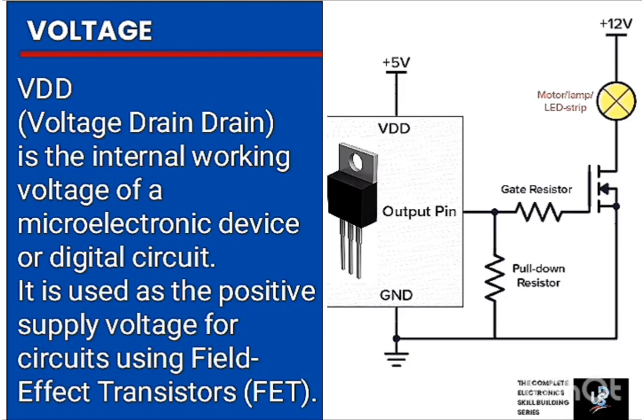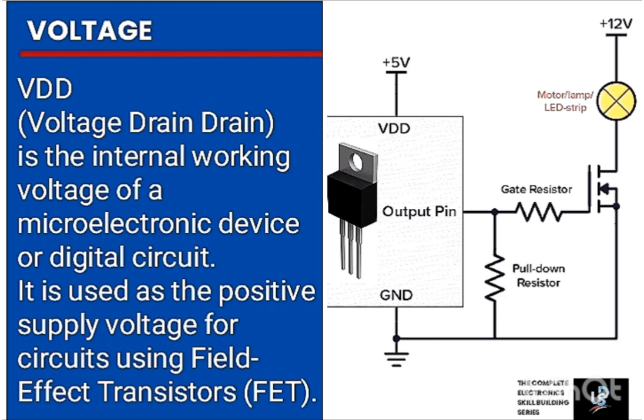VDD, voltage drain, is the internal working voltage of a microelectronic device or digital circuit. It is used as a positive supply voltage for circuits using field effect transistors, FETs, generally called MOSFETs.